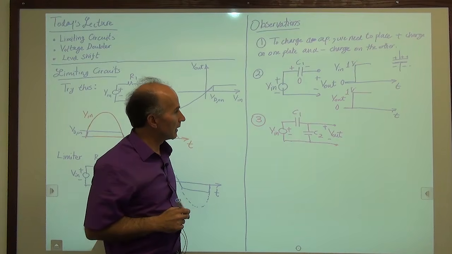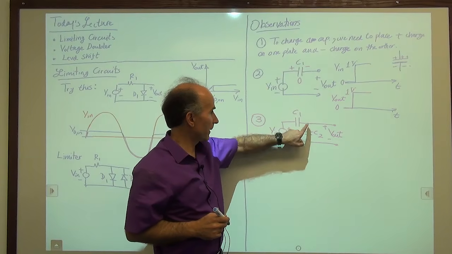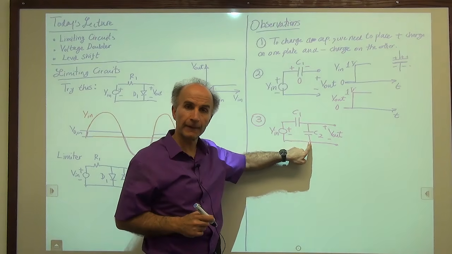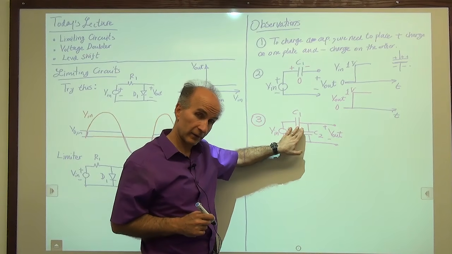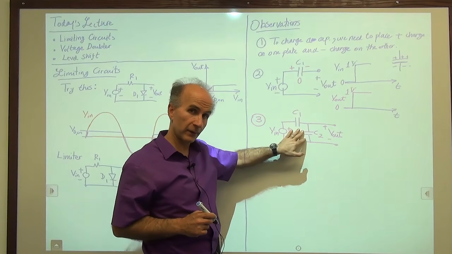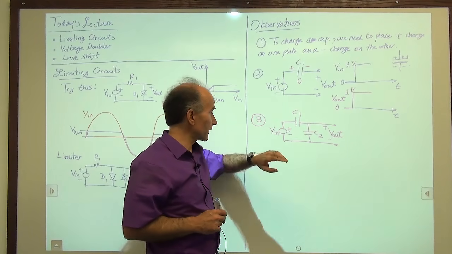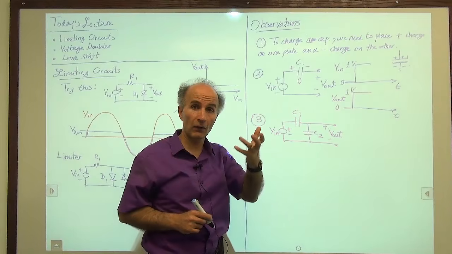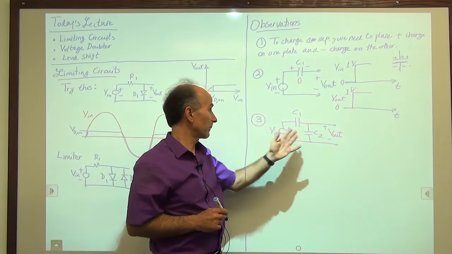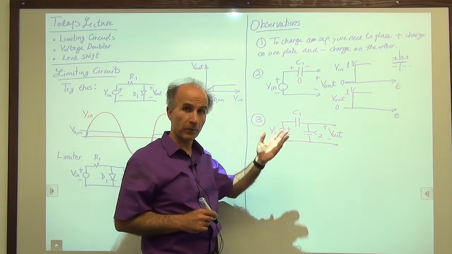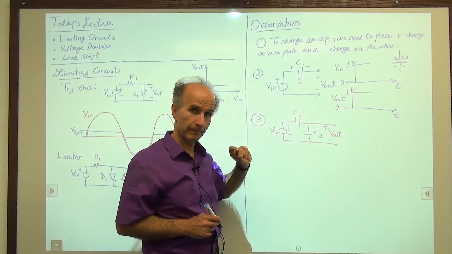Well, there is a capacitor between the input and output, and there's a capacitor from the output to this point. This reminds me of a resistive divider, but these are capacitors, not resistors. So maybe what I should do is first replace these with a general impedance, find out how V out depends on V in, and then replace each impedance with this capacitor or this capacitor.